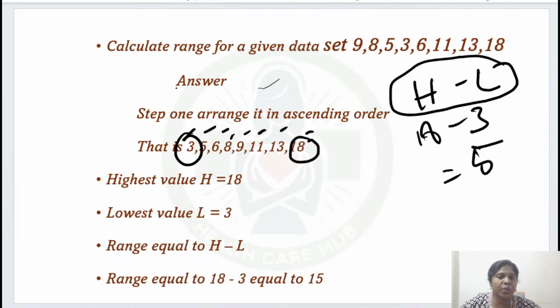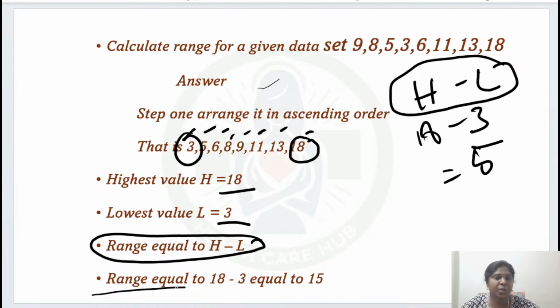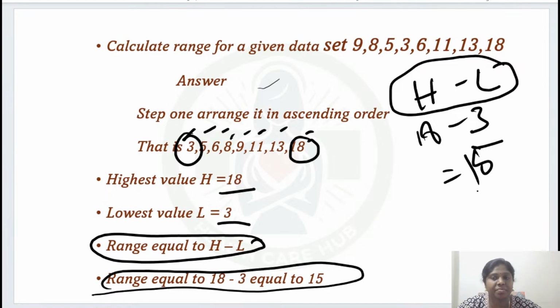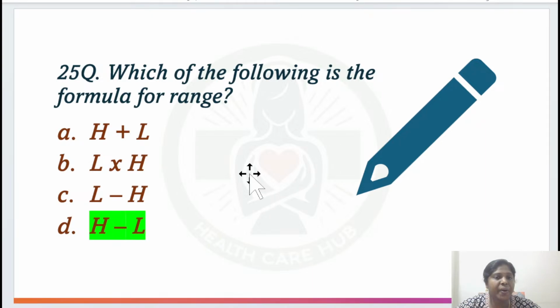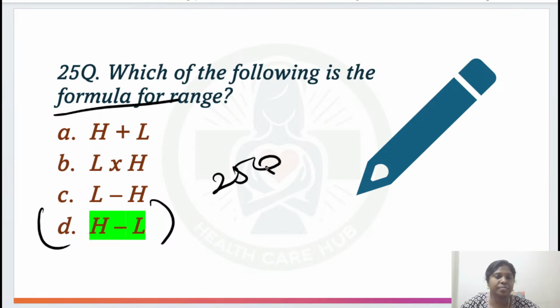The highest value is 18, the lowest value is 3, and the range is equal to H minus L. So the range is 15. 18 minus 3 is 15. So the answer to the question, which of the following is the formula for range, the 25th question answer is 25D. Clear?